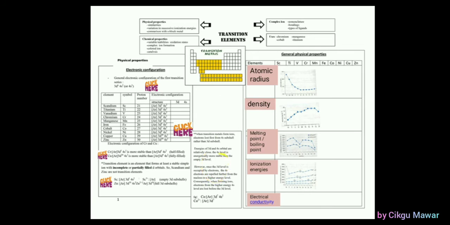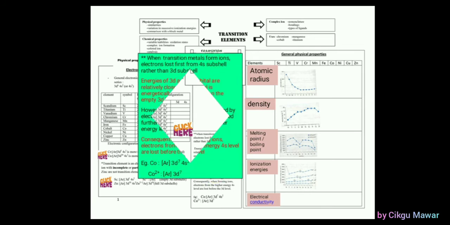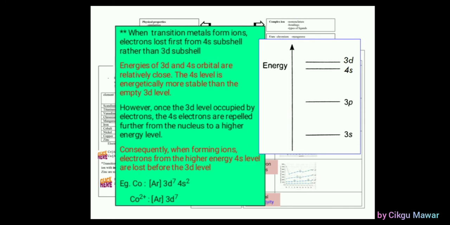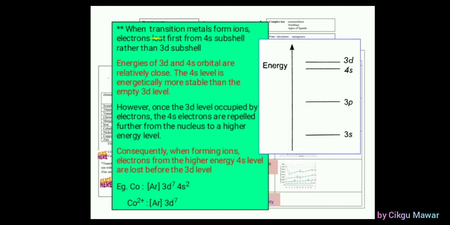Now let's see this part. When transition metals form ions, electrons are lost first from the 4s subshell rather than the 3d subshell. From the energy level diagram, the 3d orbital is at higher energy compared to the 4s orbital, though the energies of 3d and 4s are relatively close.